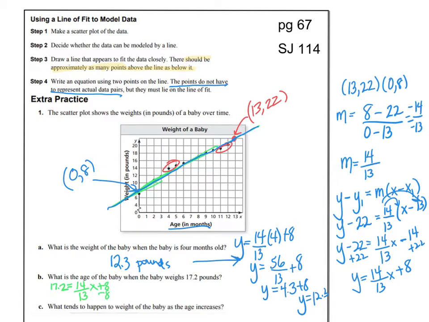I'm going to subtract 8 from both sides. 17.2 minus 8 is 9.2. So 9.2 equals 14/13 x. I'm going to multiply by 13.